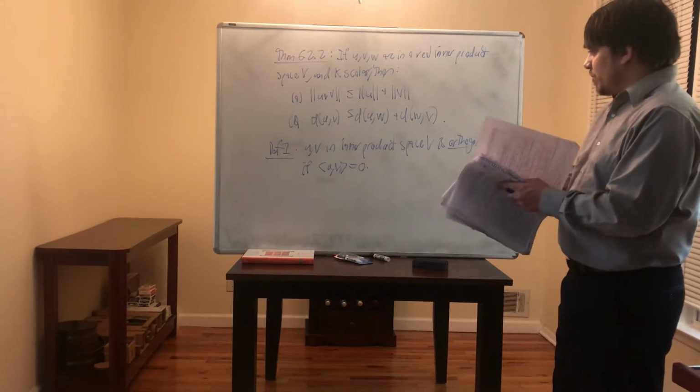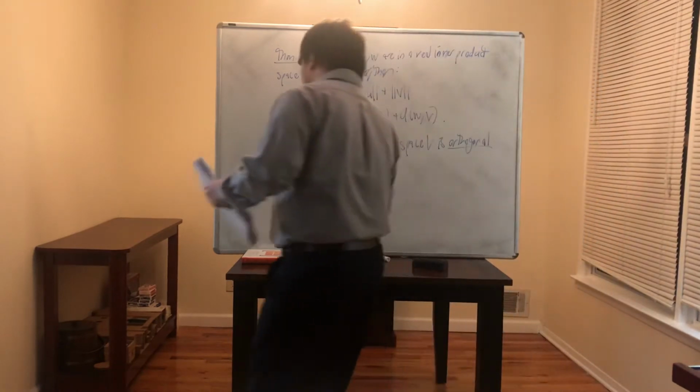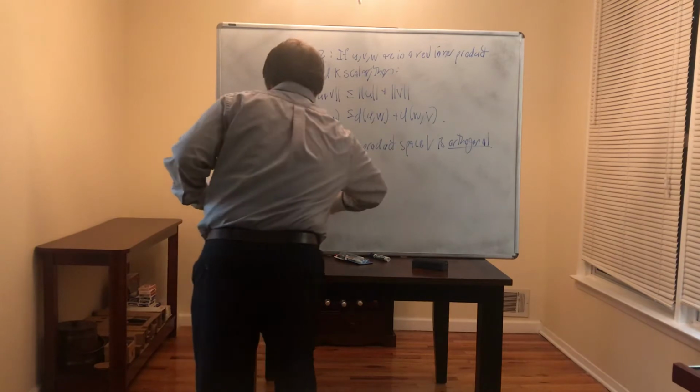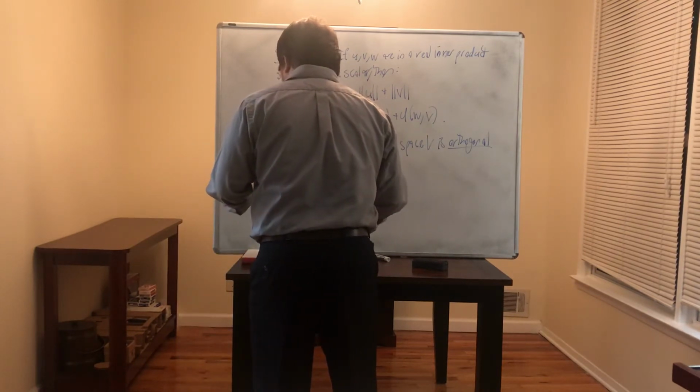Okay, so that's definition 1. Okay, next, Theorem 6.2.3. So this is called the generalized theorem of Pythagoras.